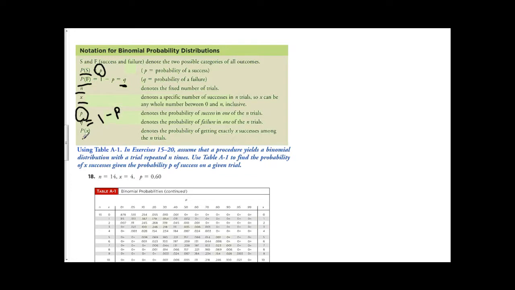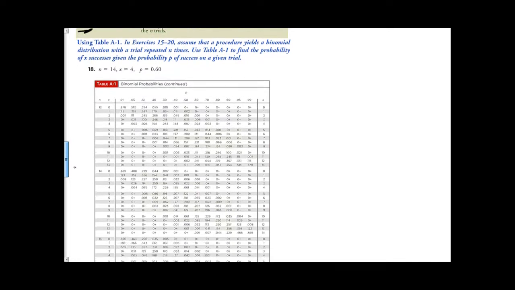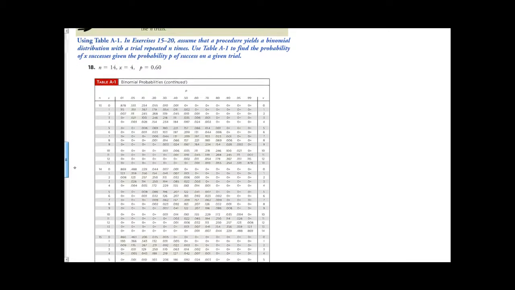But P(x), the function, is actually the probability of getting x successes among n trials. So P(x), the probability function here, and lowercase p denote two different things. Lowercase p is going to be a fixed number, but P(x) is going to be the functional value. It's a probability function.